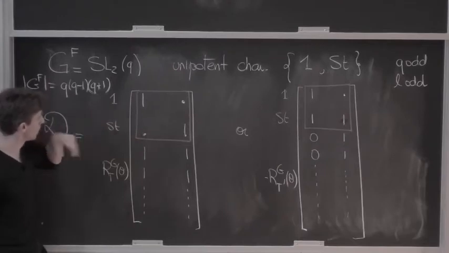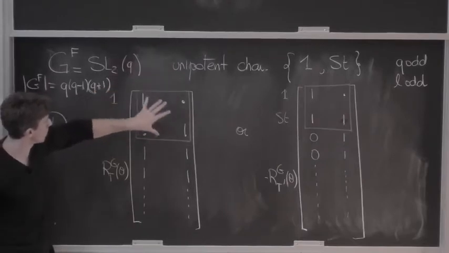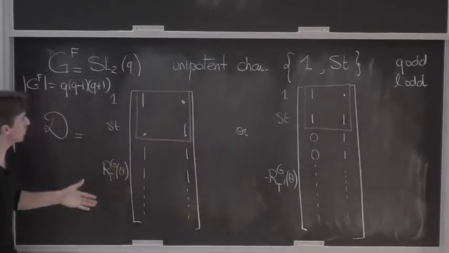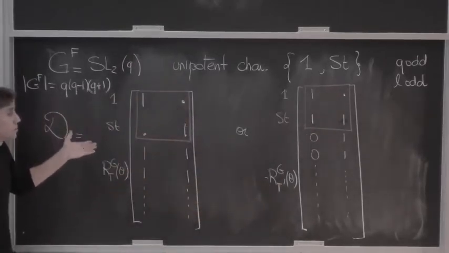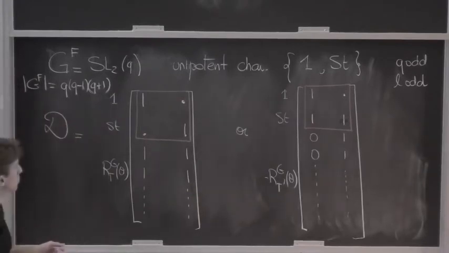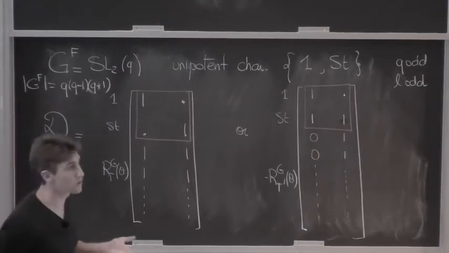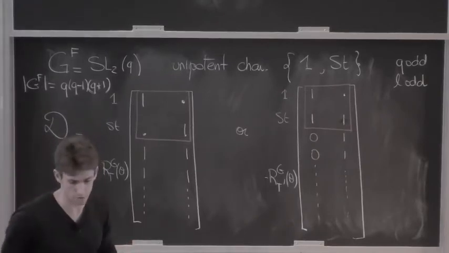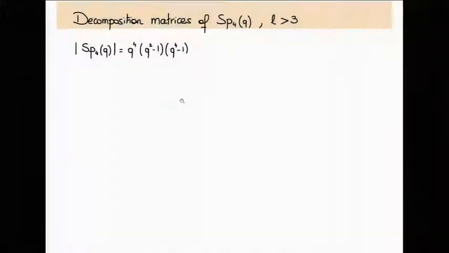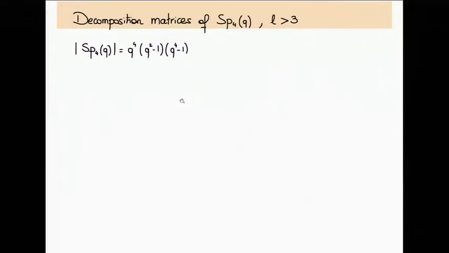So you have to care only about this square matrix here, and you can see also that they are both unitriangular, but it's a 2 by 2 matrix, so it could be a coincidence. So I have to show you different matrices to convince you that it should be a general property of this matrix. Okay, so we start with SP4 of Q, a group of type C2.